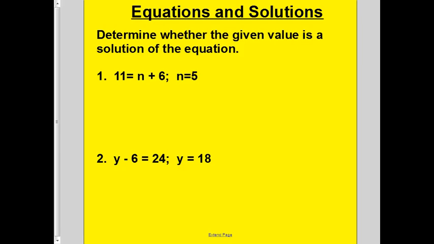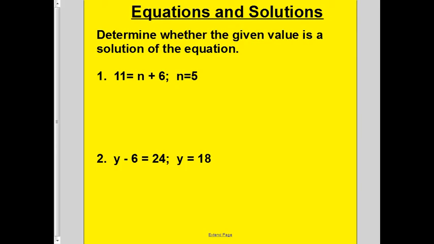Now another thing we need to be able to do besides solving equations is look and see whether any given number is a solution. Number 1, the directions say to determine whether the given value is a solution of the equation. The first one is 11 equals n plus 6, and n equals 5. We want to see if that's true.